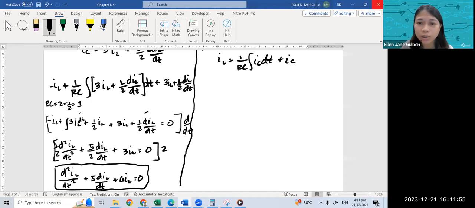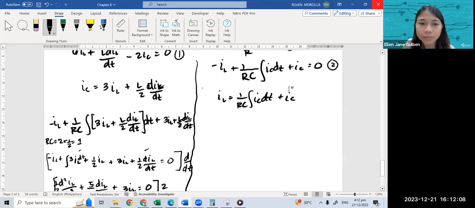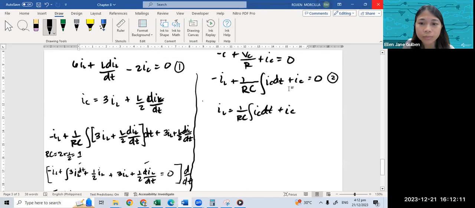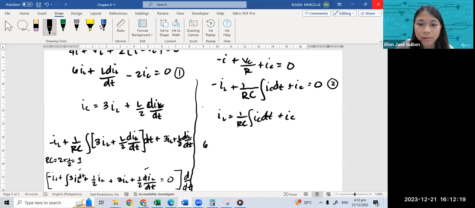Okay, how about let's do the other side, which is solving for the IC. We will solve the IC, and this one we substitute right here. We get 6 times 1. RC is 1, because R is 2 and C is 1/2.